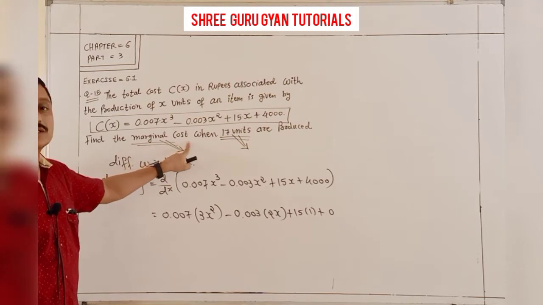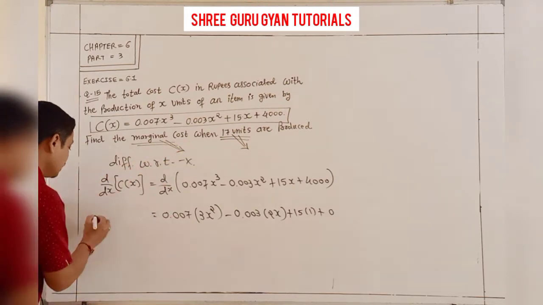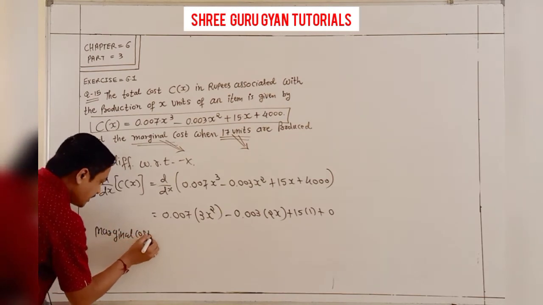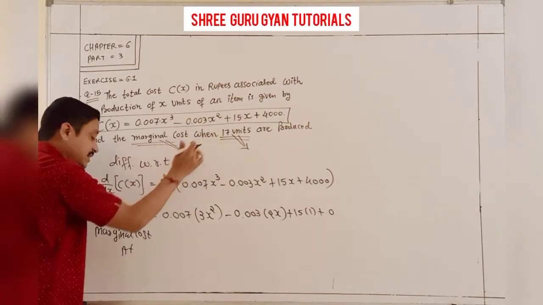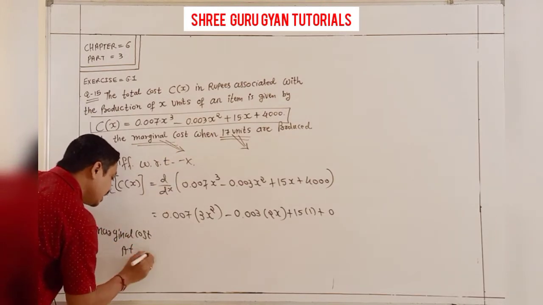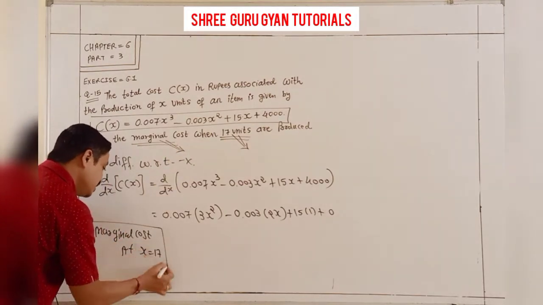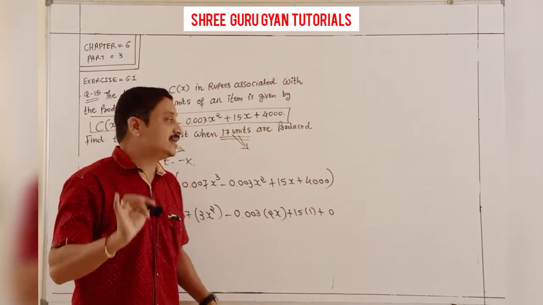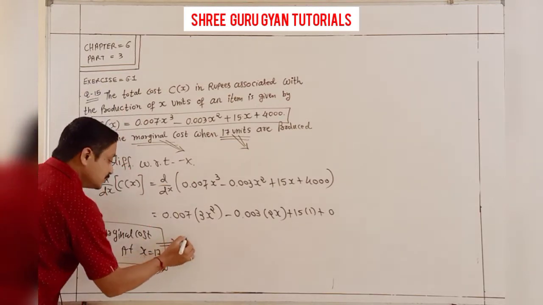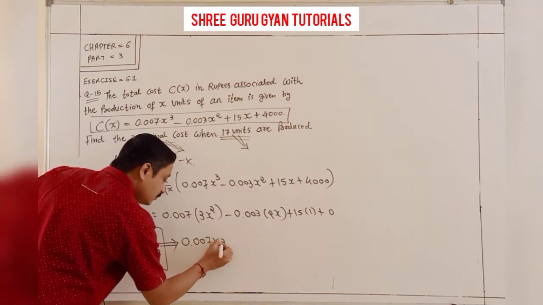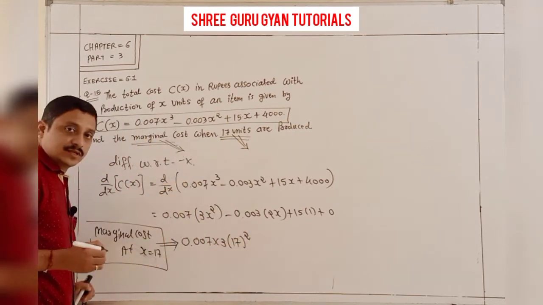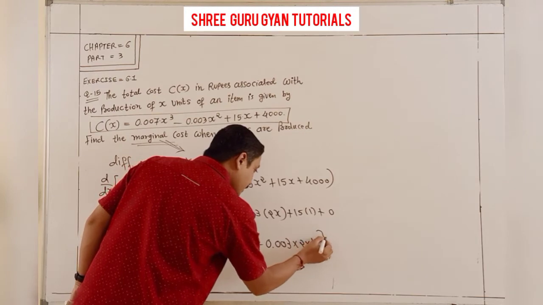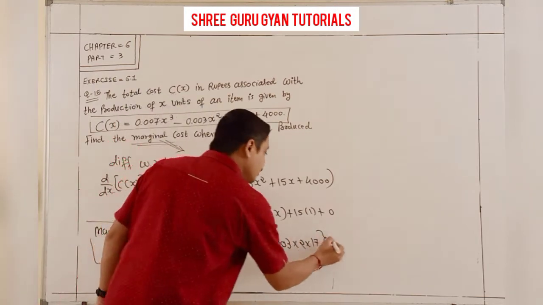Now the marginal cost is ready. This equation is your marginal cost. At which place? 17 units. Means you just take x equal to 17 and put that value in place of x. So 0.007 times 3 into 17 square minus 0.003 into 2 into 17 and here 15.